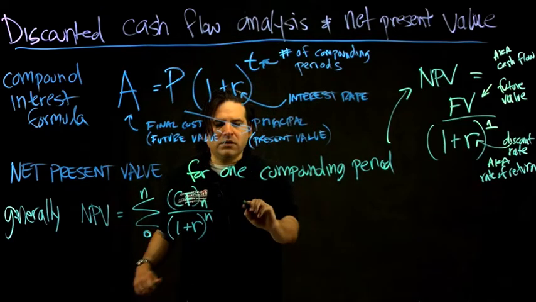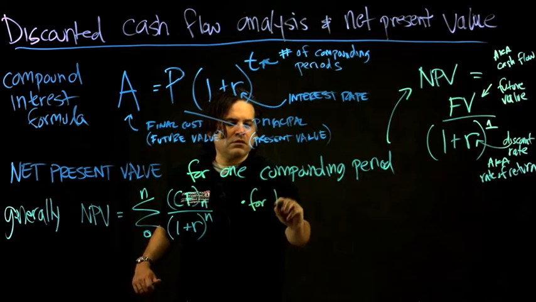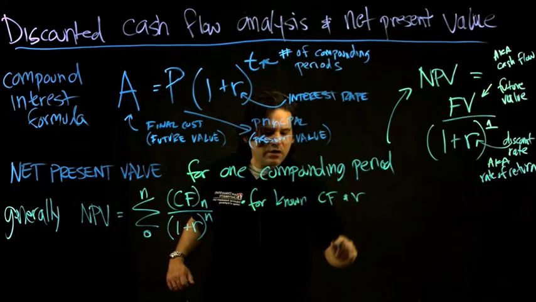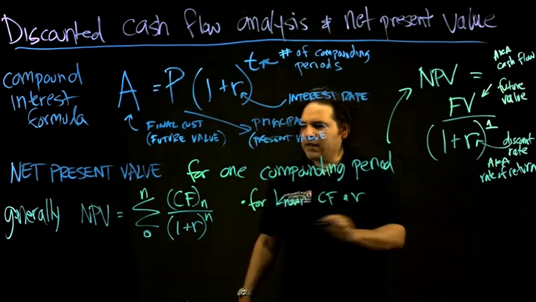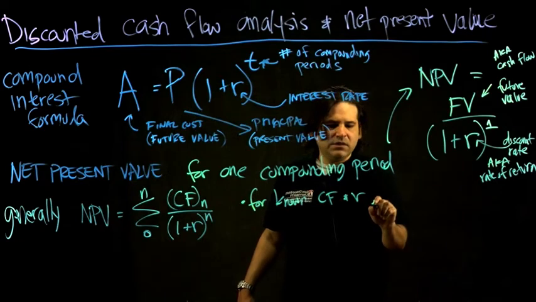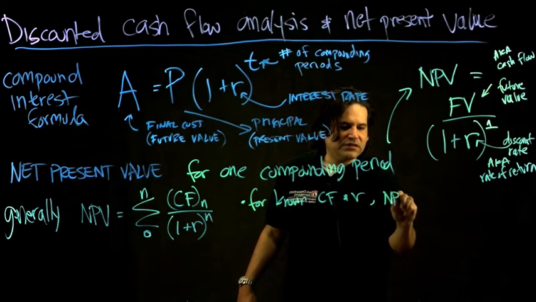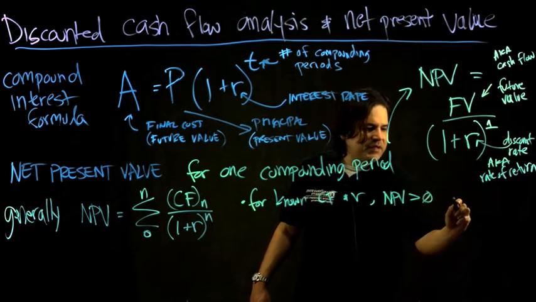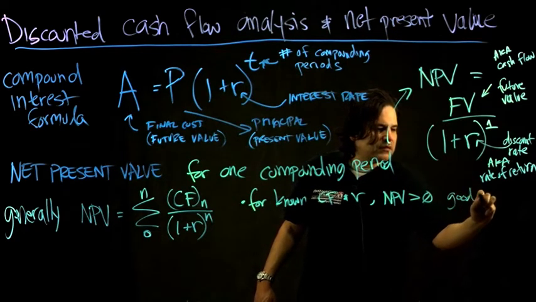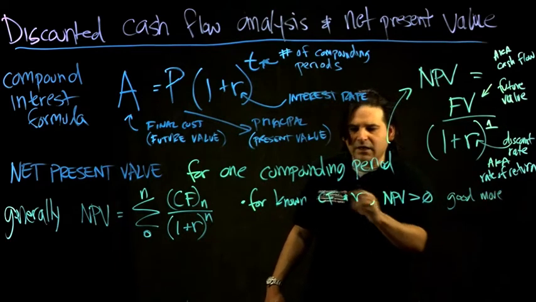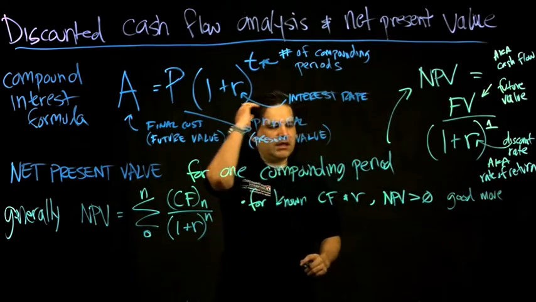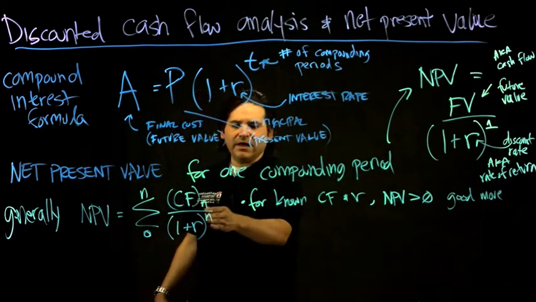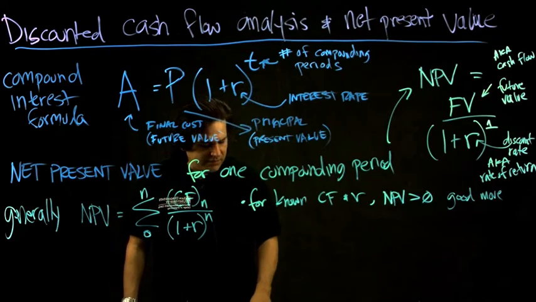And so for a known cash flow and R, if that calculation results in a net present value greater than 0, then that means that it's a good move to do this initial investment and get these cash flows, and you'll be profitable after all these periods are compounded.